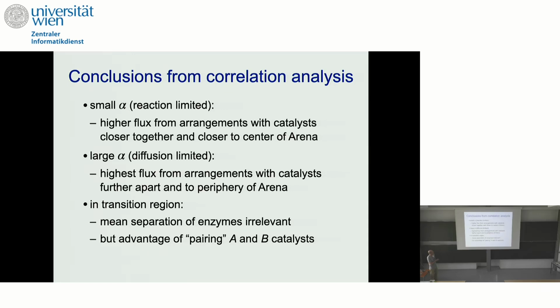And then there's some intermediate regime, with intermediate values of alpha, where the mean separation of the enzymes really seems to be irrelevant, but there is a big advantage of always pairing first with second enzymes. So whether it's good or not to cluster the enzymes together depends crucially on this parameter alpha.